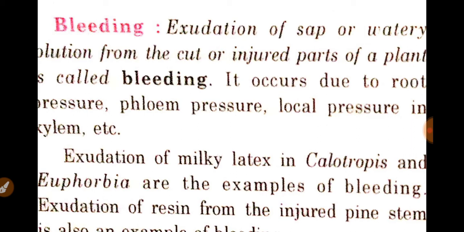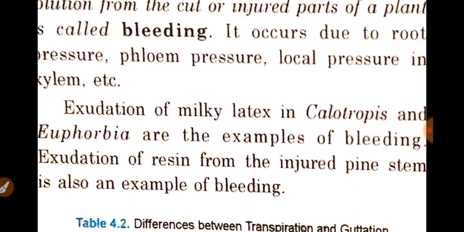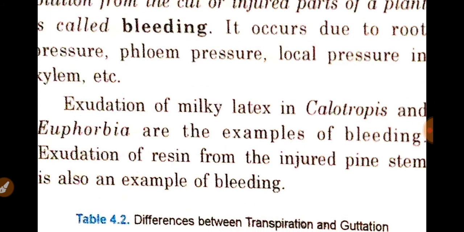It occurs due to root pressure, phloem pressure, local pressure in xylem, etc. If this exudation occurs from any injury or any cut part of a plant, it is known as bleeding. Exudation of milky latex in Calotropis and Euphorbia are examples of bleeding.